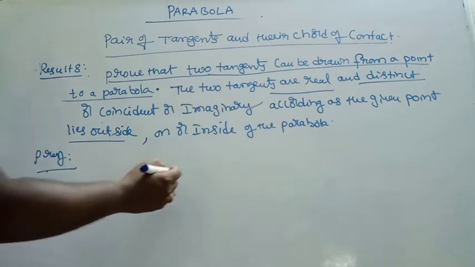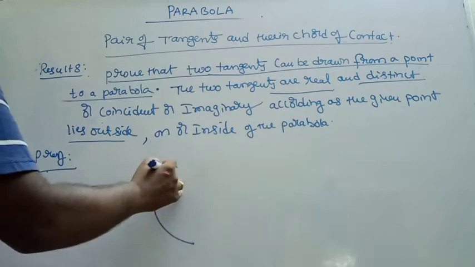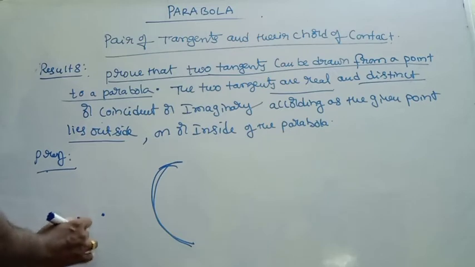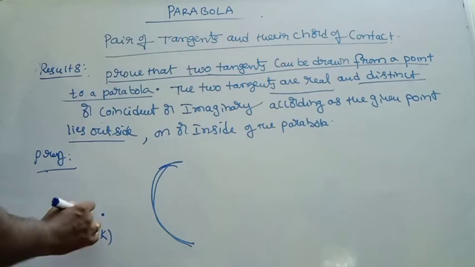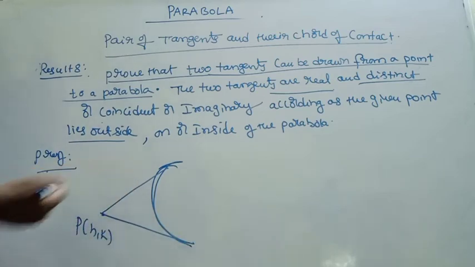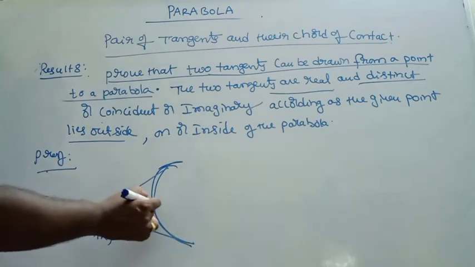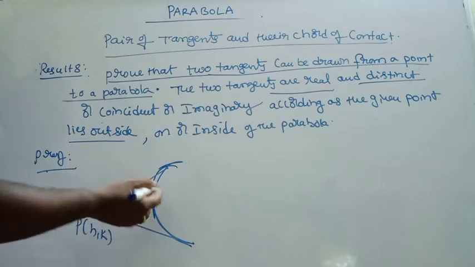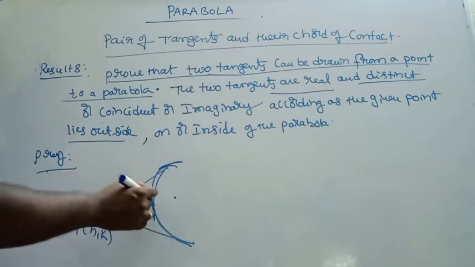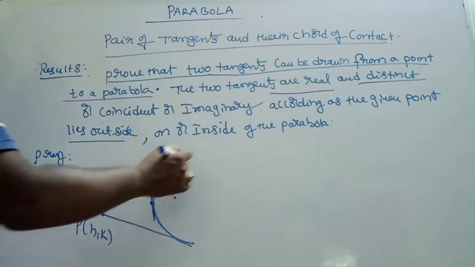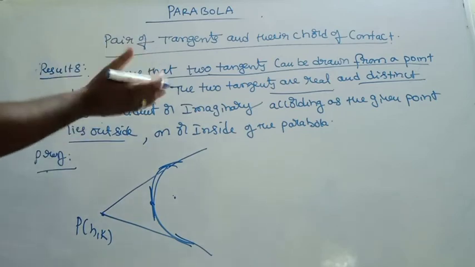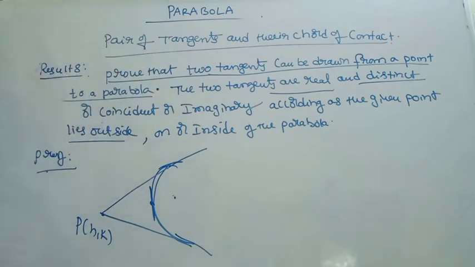Suppose you have a parabola and a point P(h, k) outside of it. When it is outside you can draw two tangents. If it is on the parabola, the two tangents coincide. If it is inside the parabola, you cannot draw any tangents. That is the total summary of this statement.